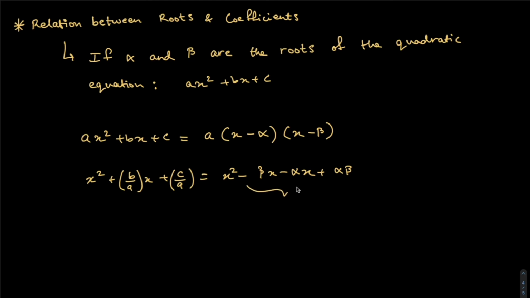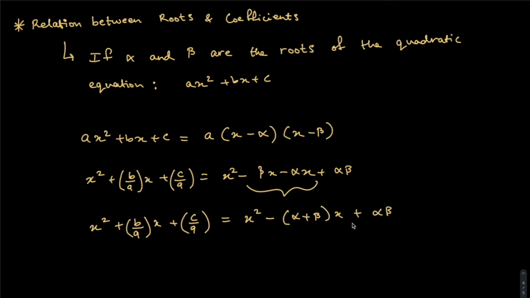Now I'm going to club these two right here because they both have x, they are like terms. The coefficients are different, that's okay. So again, I'm going to write the same thing down here because that's all I can simplify down to. Plus c by a is equal to x squared minus (alpha plus beta) x plus alpha beta.